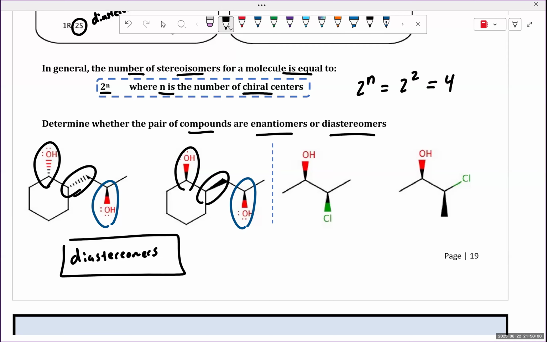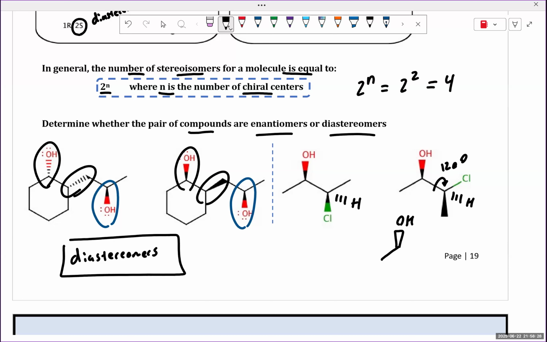Let's look at this next case. Now, you've got to be really careful when you have two molecules drawn in slightly different ways. To help us see whether these two molecules are enantiomers or diastereomers, the first thing let's do is rotate our carbon-carbon bond so that the substituents are drawn in the exact same position.